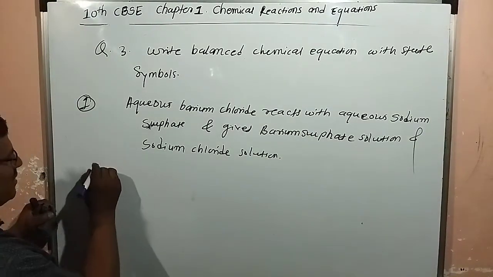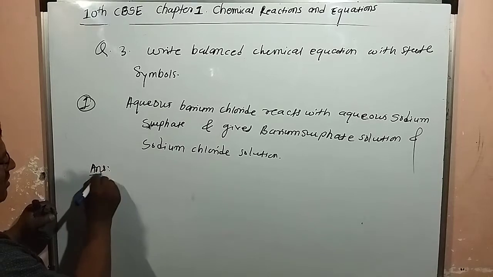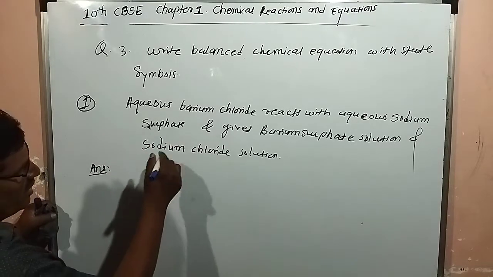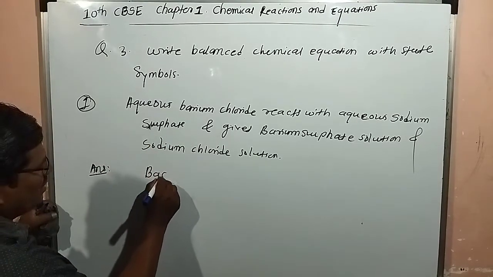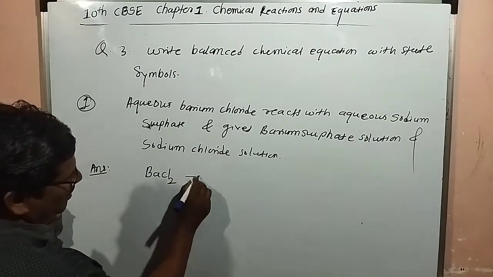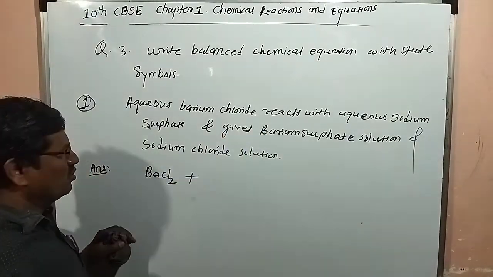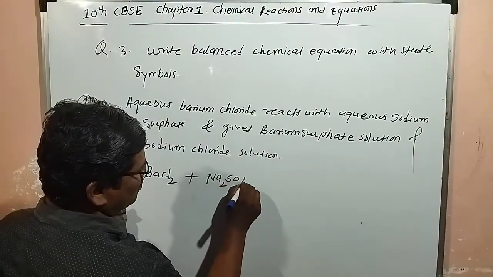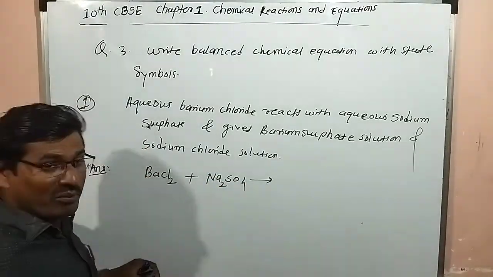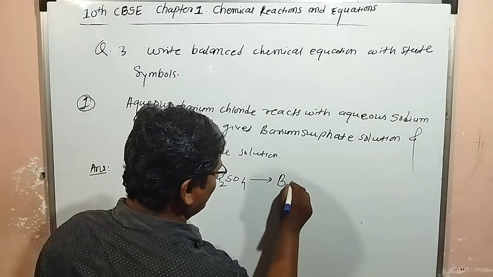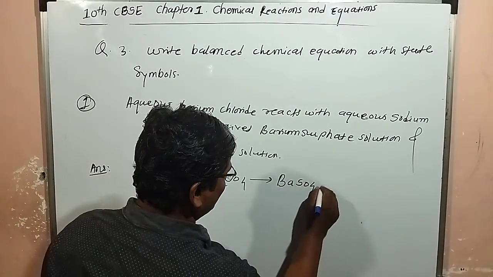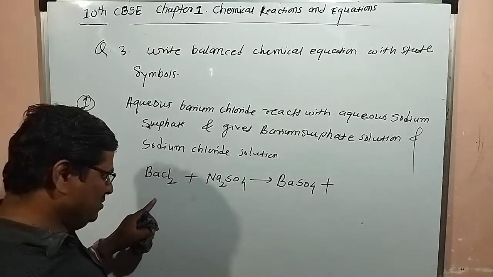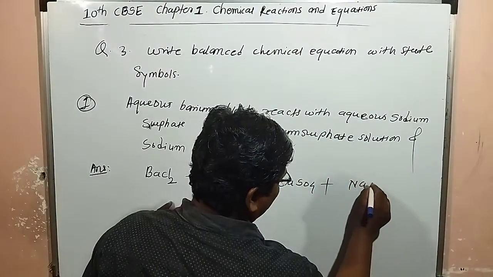So we'll write that chemical equation. Barium chloride formula is BaCl2, plus sodium sulfate formula is Na2SO4, and it is giving barium sulfate, BaSO4, plus it will give NaCl.